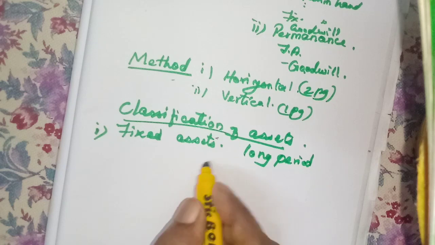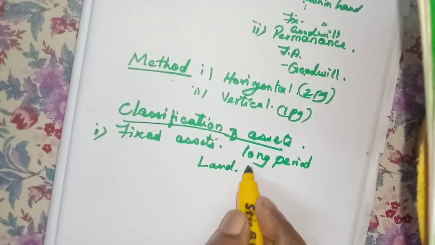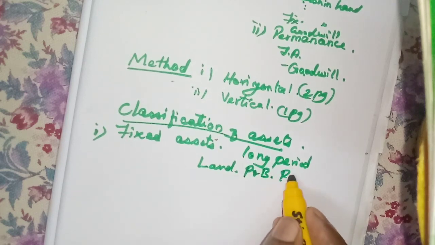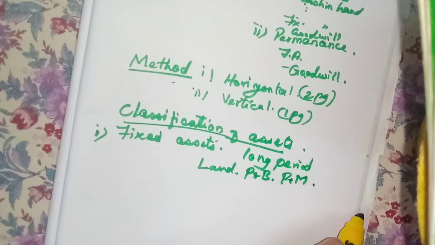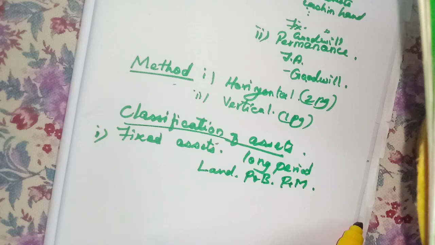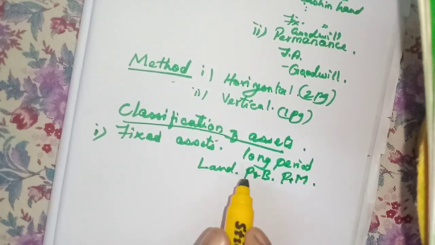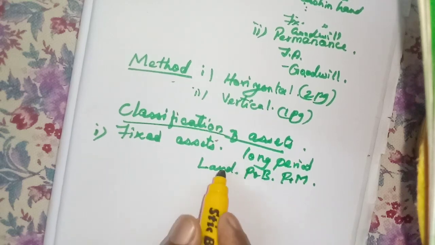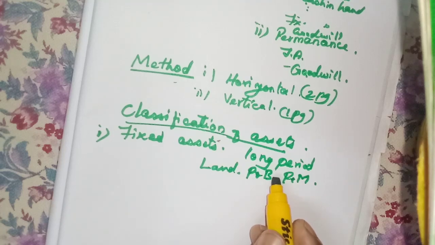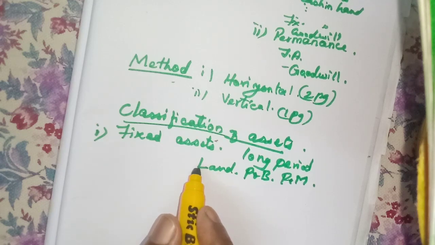We know the fixed assets: land, plant and building, plant and machinery, then motor vehicles, furniture, fittings, office equipment. All these we buy and use in the same organization for the purpose of business activities for a long period of time. We never buy these assets in order to sell them.